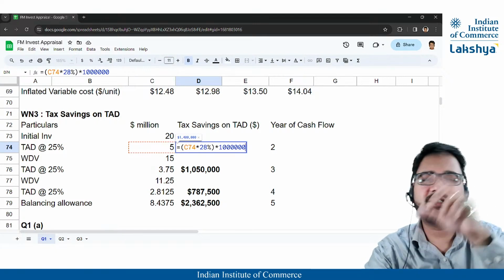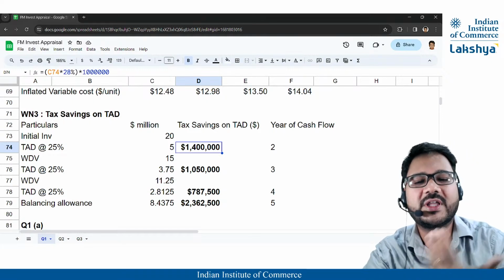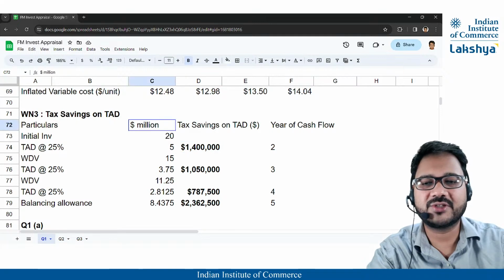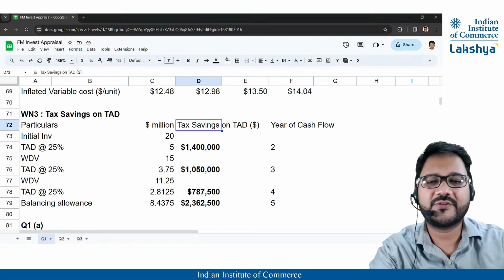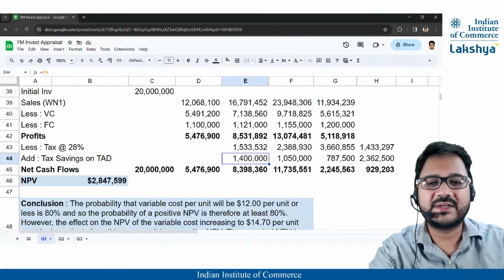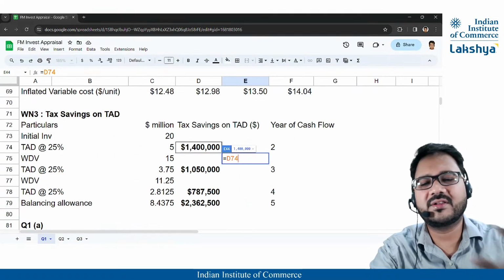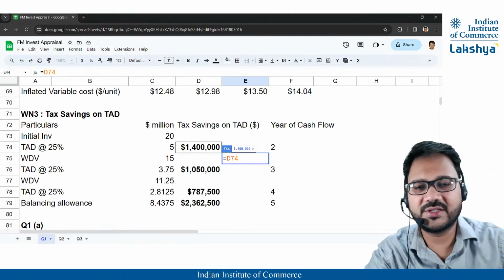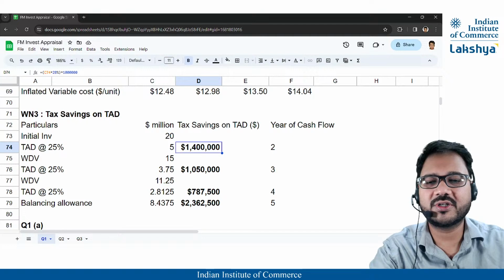So $5 million into 28% will be 1.4, but I want everything in $1 million, so I am multiplying. These figures are in $1 million already, but tax is not in $1 million, it is just in dollars, so I have to write million over here clearly. The reason I'm doing it is so that I can directly take the values over here, or else I could have taken this and then done into million above. Either works, right? So $1.4 million.